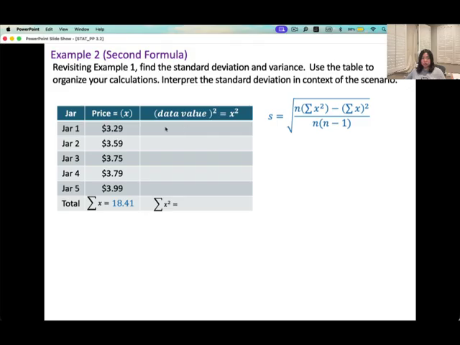So first one, the x talking about this data, $3.29, you're gonna take the square. Second one, do the same thing. Okay, so check your work. After that, add it all up. You will have 68.0589.